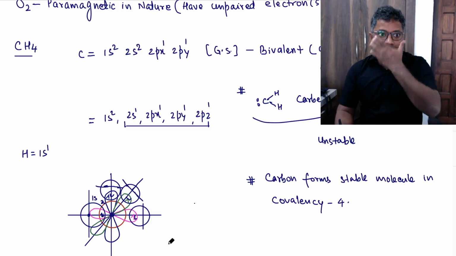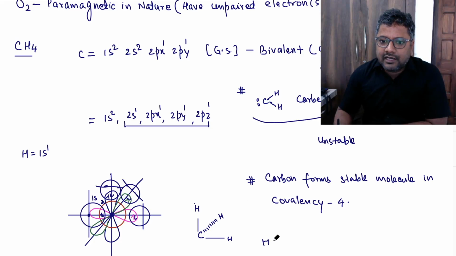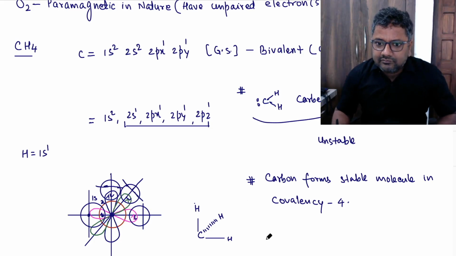Now tell me, this 2s orbital is non-directional, 1s is non-directional, so there is no point of bond angle between these two. But you know, px, py, pz are perpendicular to each other. So for the three hydrogen atoms in the methane molecule, what should be the bond angle between them?